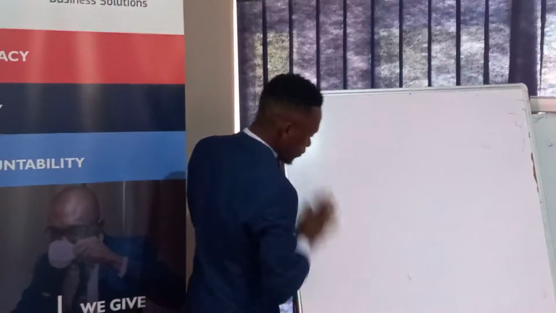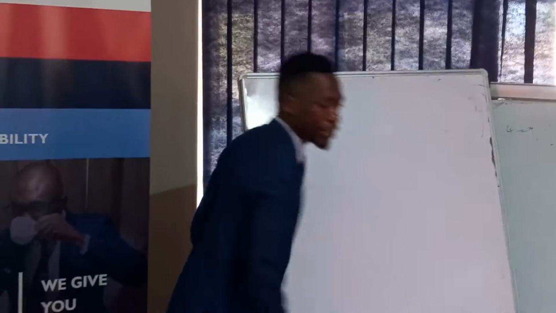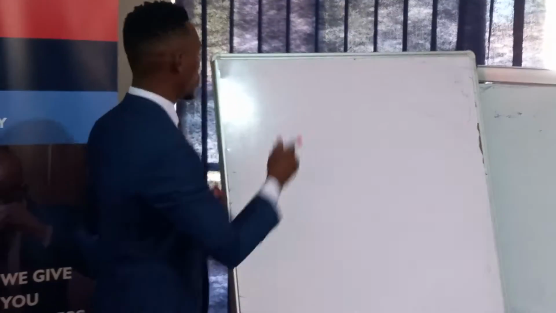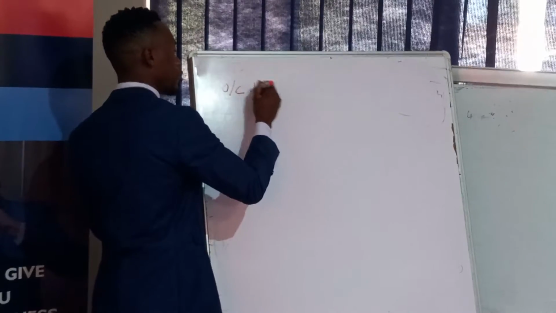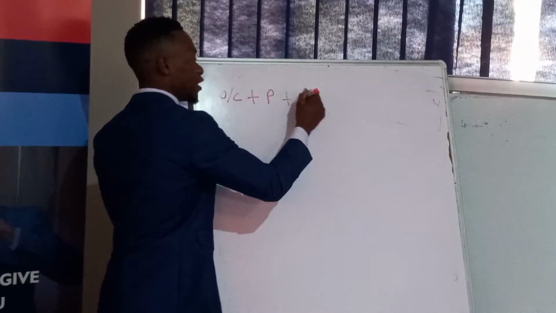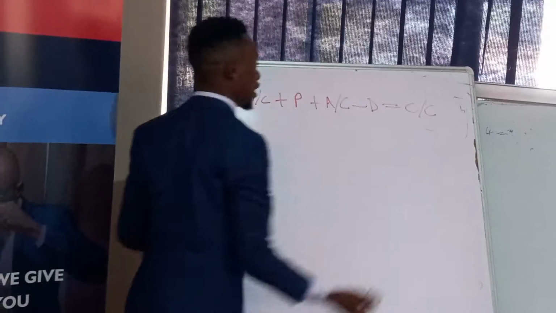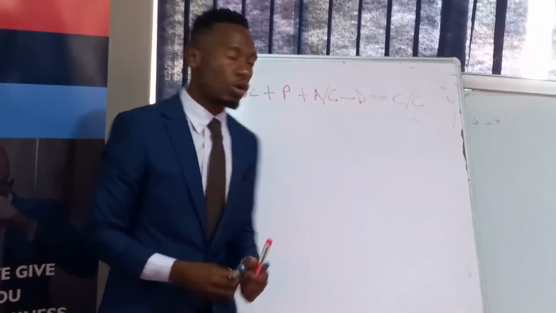On the business equation, we did that one. So this is my opening capital plus profits plus additional capital less drawings. You get the closing capital, right? Now they want the drawings.